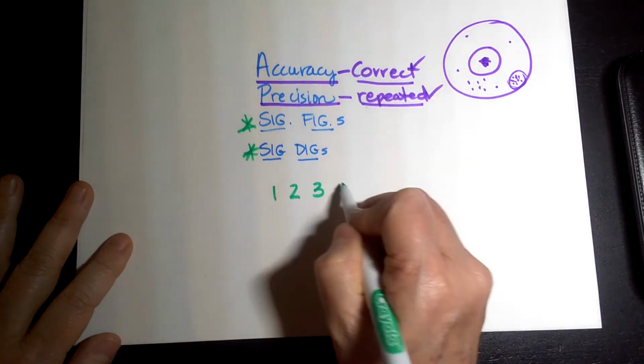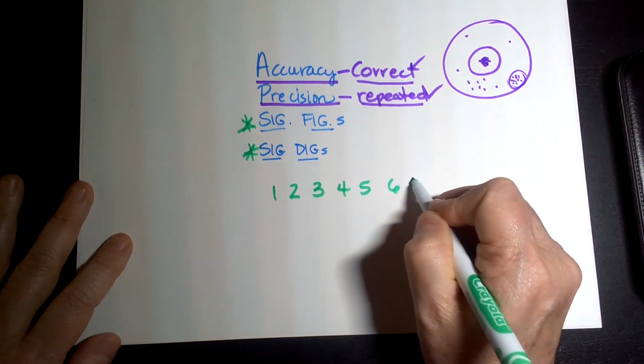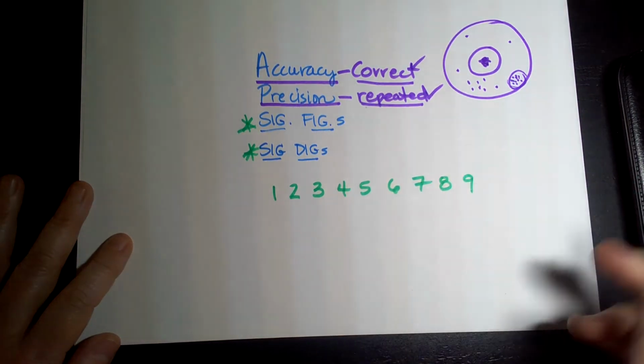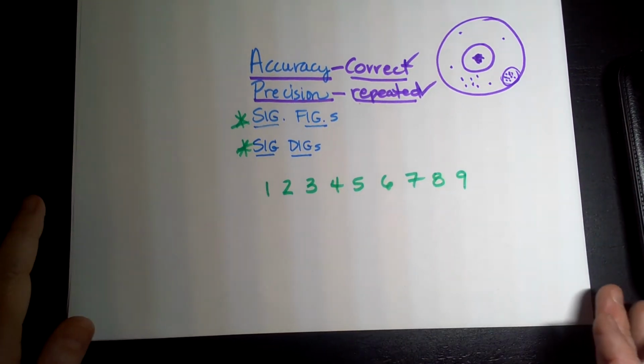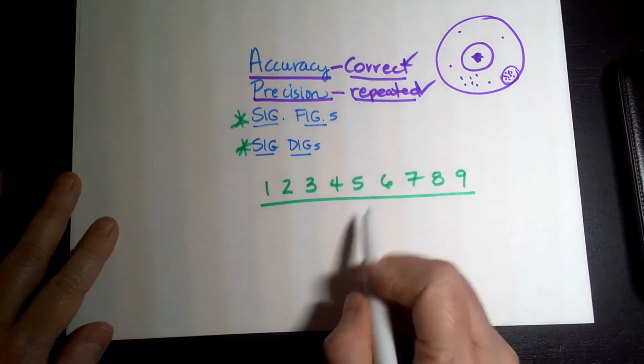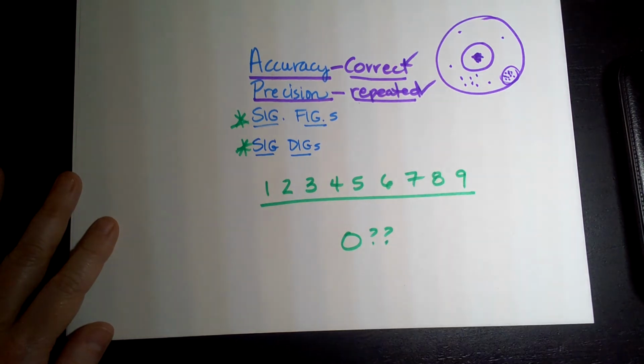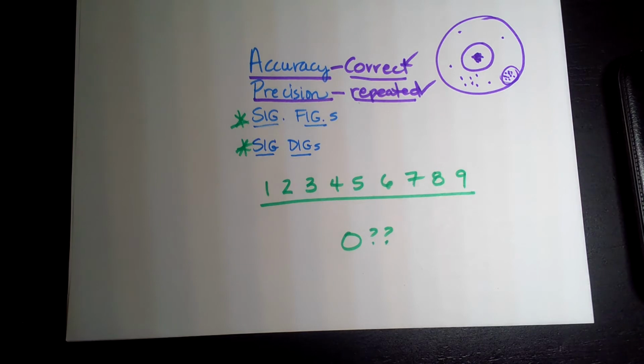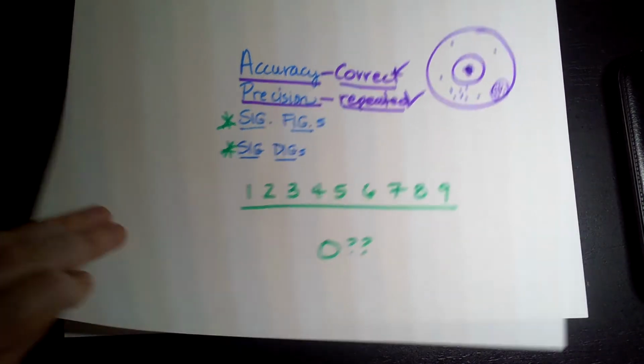1, 2, 3, 4, 5, 6, 7, 8, and 9. They are all considered significant as in important. The only number that is in question is 0. When is 0 important, and when is it just holding a place?